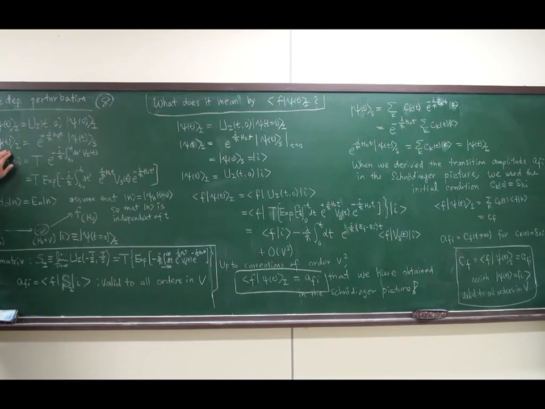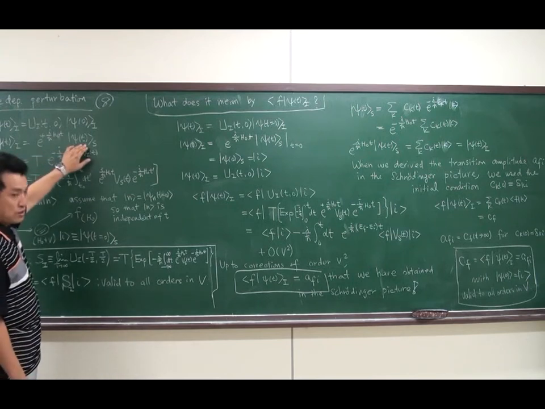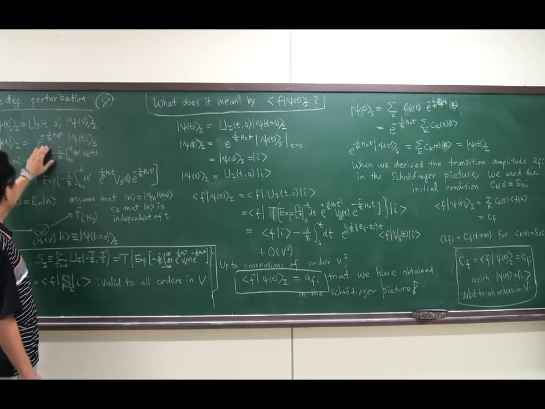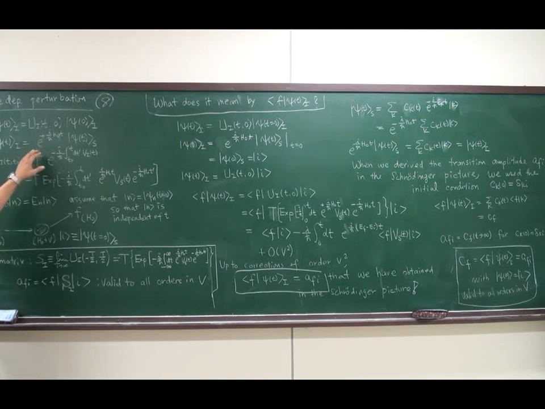The interaction picture state is defined to be the Schrödinger picture wave function multiplied by the killing factor, this exponential factor that kills the evolution of the state for the unperturbed state.